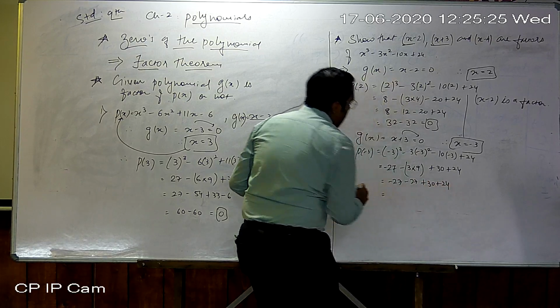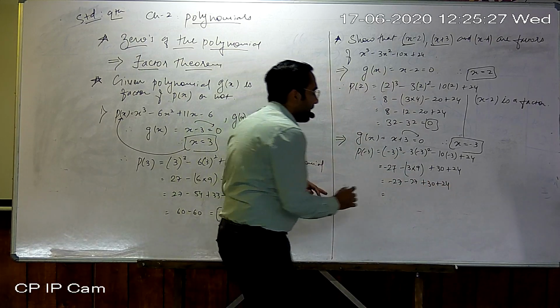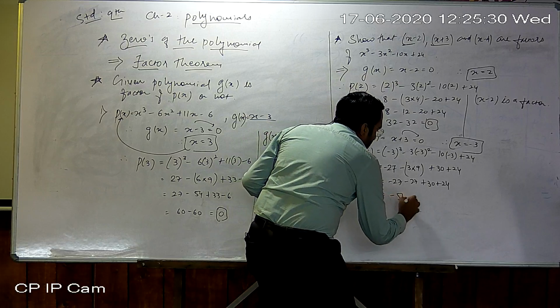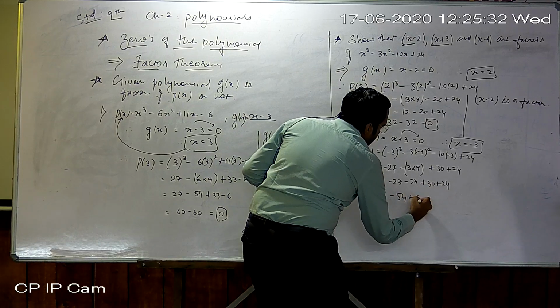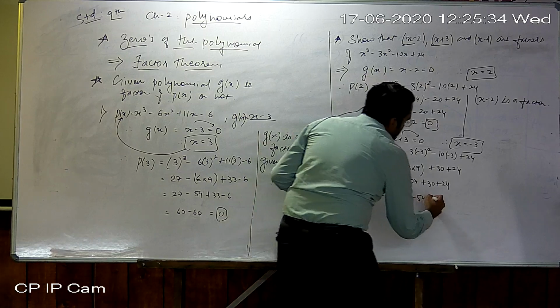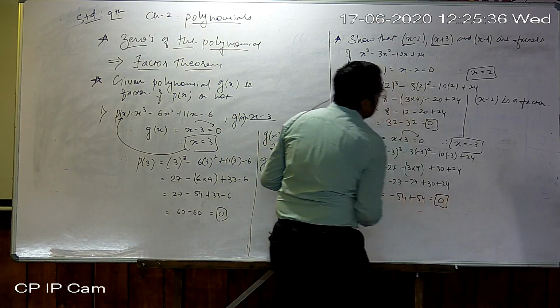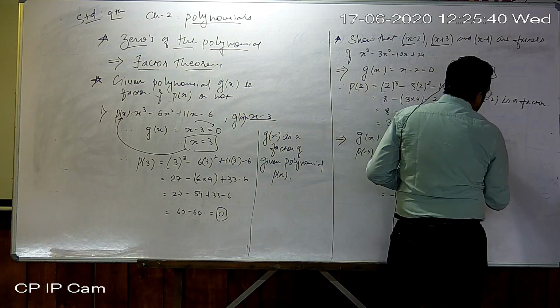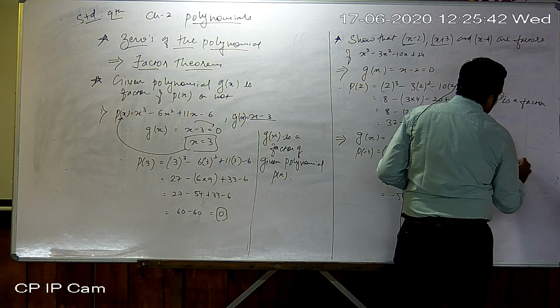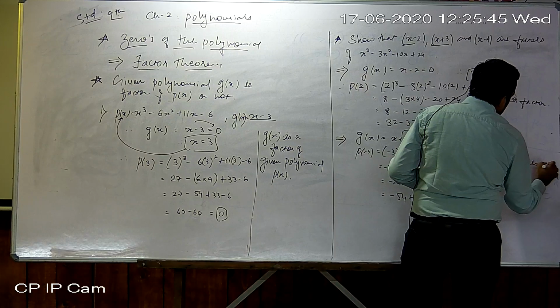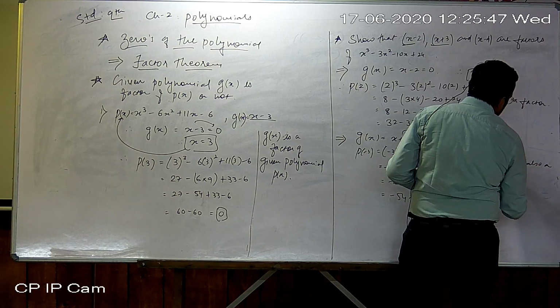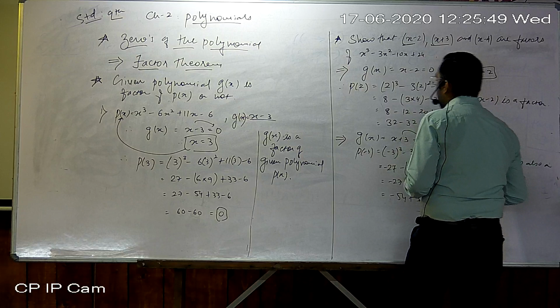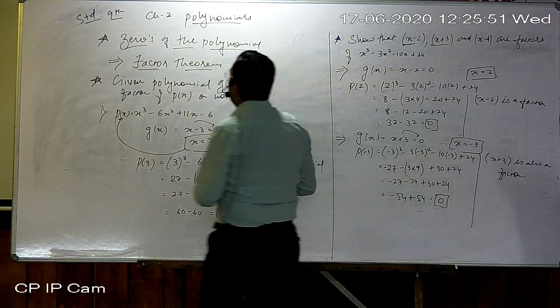So minus 27 minus 27 is minus 54, plus 30 plus 24 is also 54. So my answer is 0. So in this case also we write that x plus 3 is also a factor.